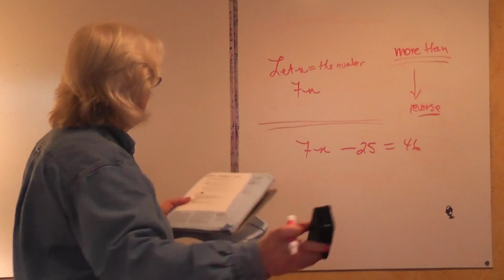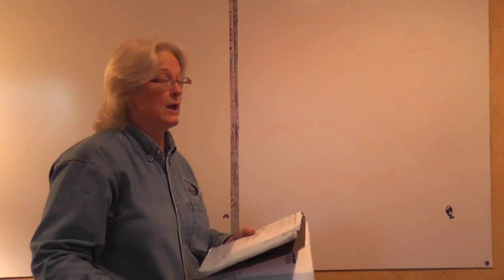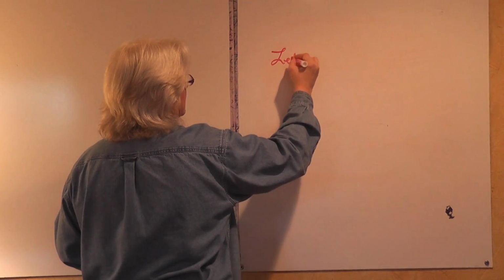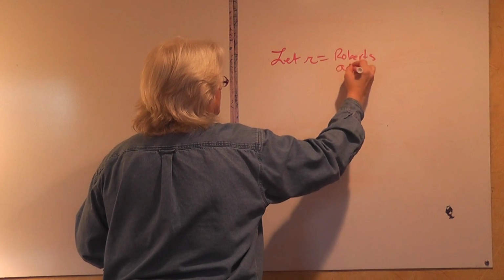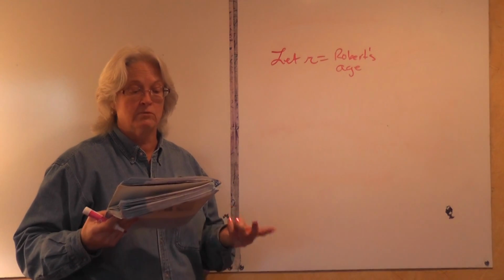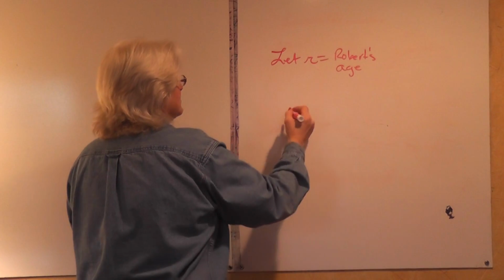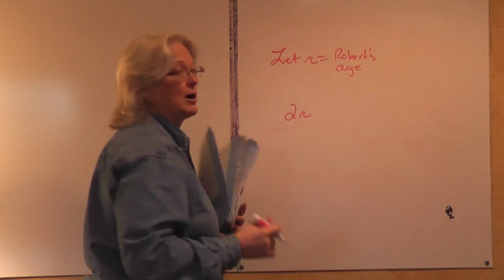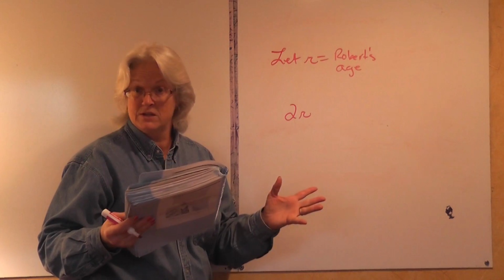Now let's look at problem 4 in the skill check. This one says, when Robert's age is doubled and increased by 6, the result is Sally's age. So why don't we say, let R equal Robert's age. Now let's see what we're going to be doing with this. Robert's age is doubled, so what would Robert's age doubled be? It would be 2 times R. When Robert's age is doubled and increased by, what does increase mean?